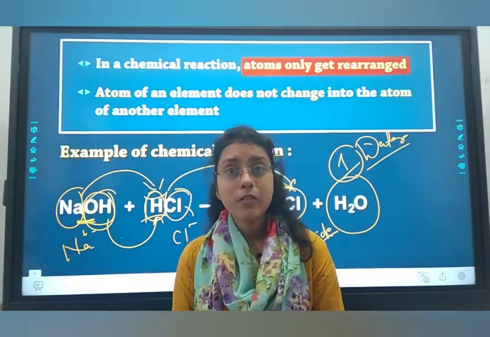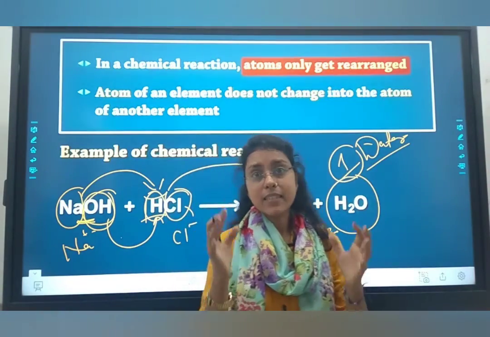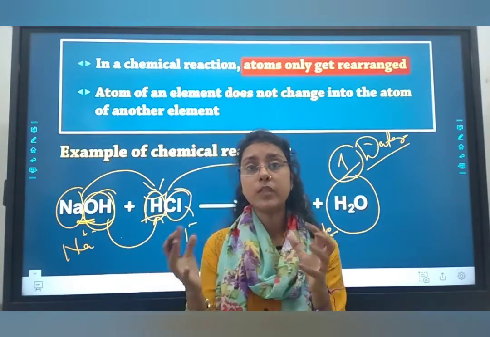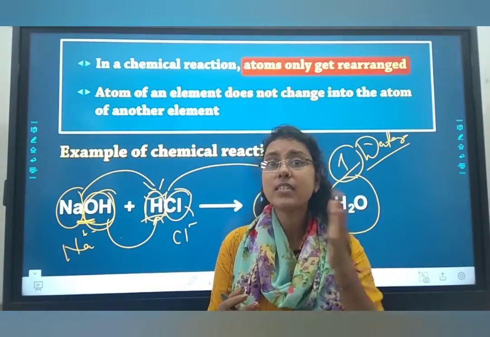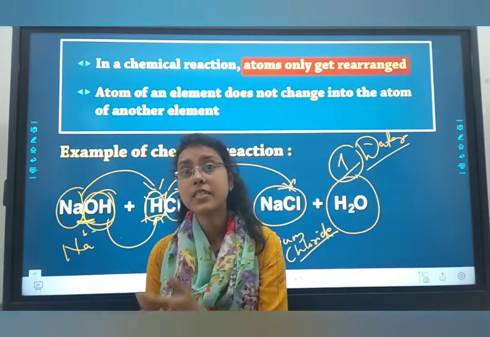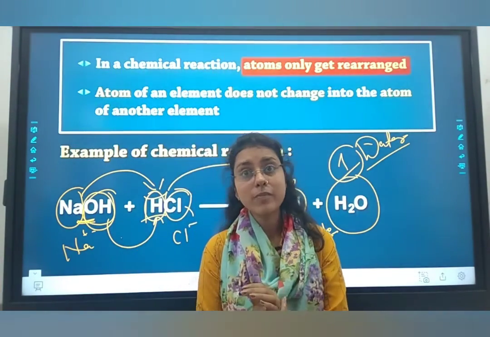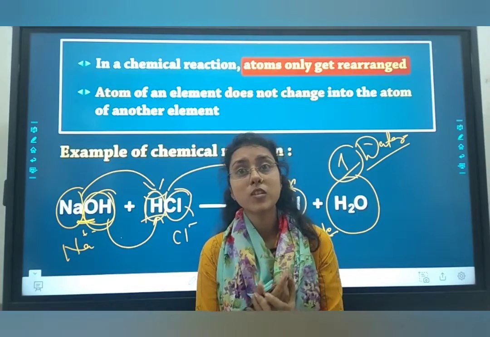The next point we observe is that molecules, elements or compounds form by combination of atoms in a certain fixed ratio by mass. That ratio can never be changed. If that ratio is changed, then the product will also change.